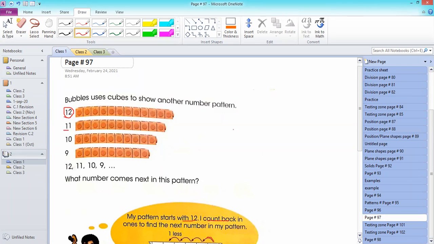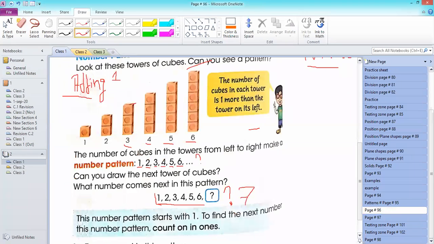So guys, here you have to check carefully. Before that, the pattern was in increasing order, right? It was having only one cube, then two cubes, then three cubes, then four cubes. So the next tower was having more cubes than the previous one.